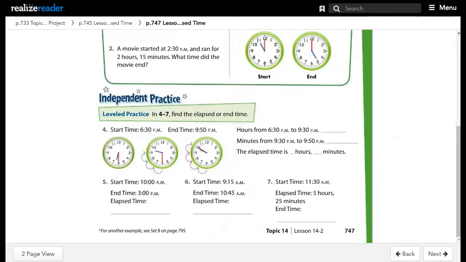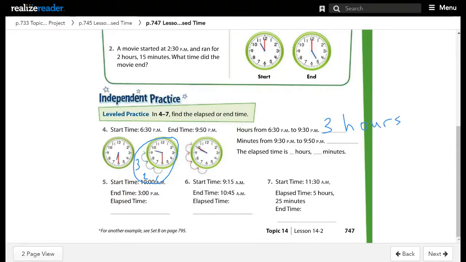Let's count. Starting from 6:30 to 9:30. As we can see on the second one, we have 1 hour, 2, 3 hours. So 3 hours.